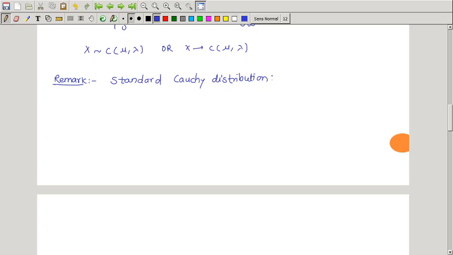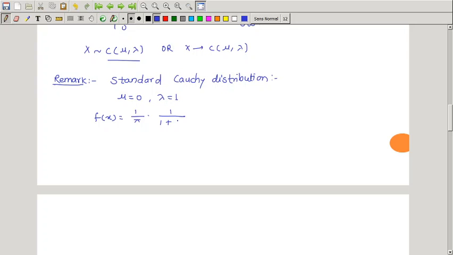If I put mu equal to 0 and lambda equal to 1, then the density function of Cauchy distribution is 1 upon pi into 1 upon 1 plus (x minus mu) bracket square.